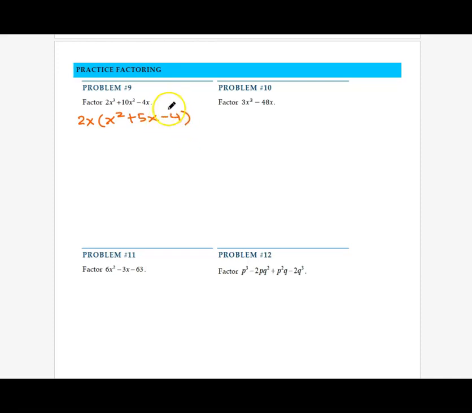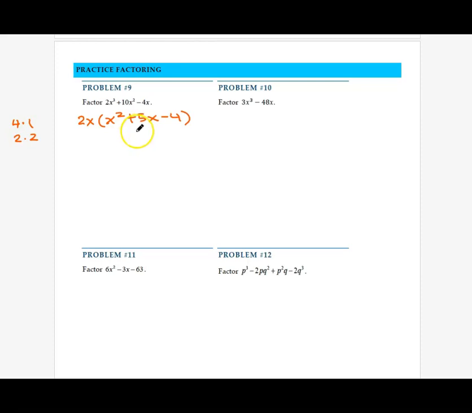So you're thinking, what multiplies to be negative 4 that adds to be 5? I can do 1 times 4 or 2 times 2. If I'm trying to factor this, is there any way that I can get a positive 5 there in the middle?